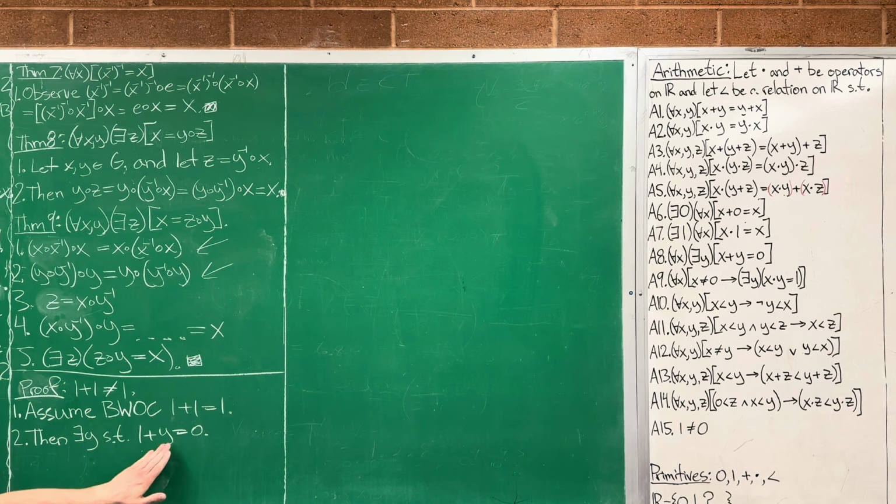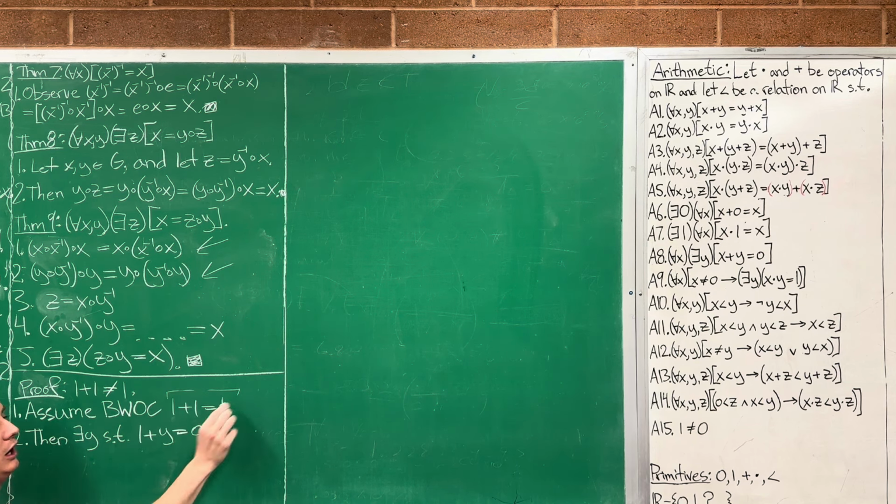Okay, so now what can I do with that y? Trying to manipulate this, ultimately to make this 1 is equal to 0. You can add y to it. Add y to both sides. Yeah. So then 1 plus y is equal to 1 plus y.